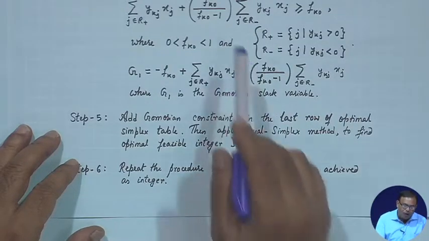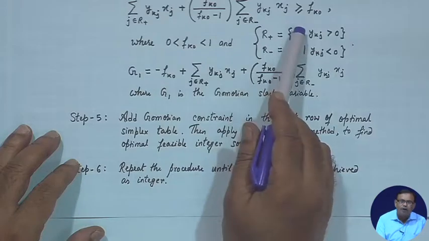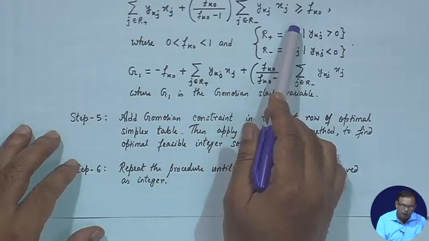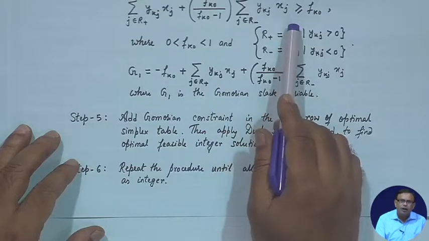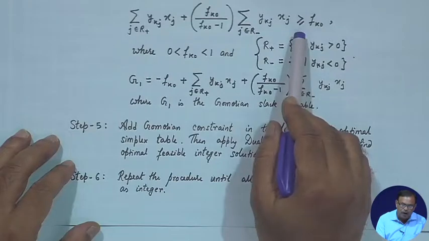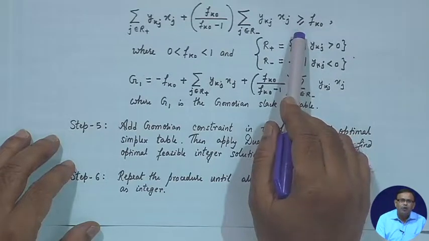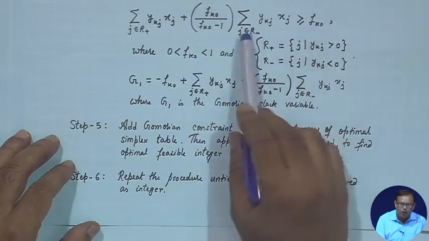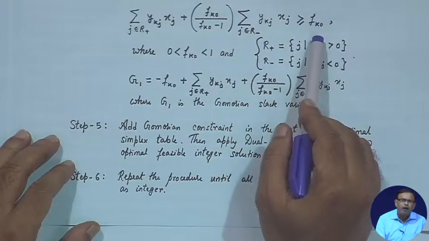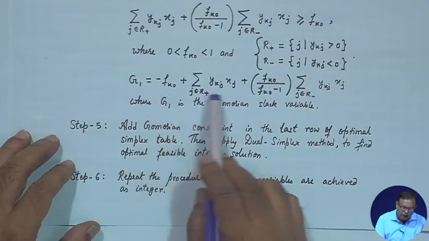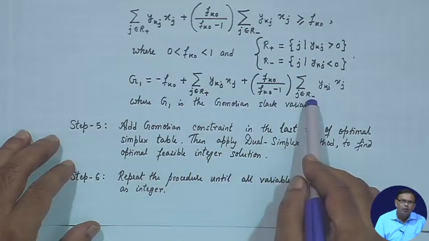The inequality is already of greater than or equal to type. First we make it a less than or equal to type by multiplying by minus sign on both sides, then we add the Gomorian slack variable g1 and get this particular equation.